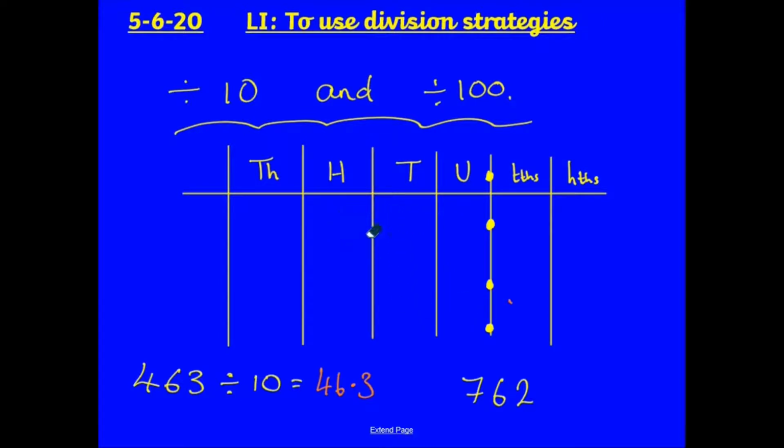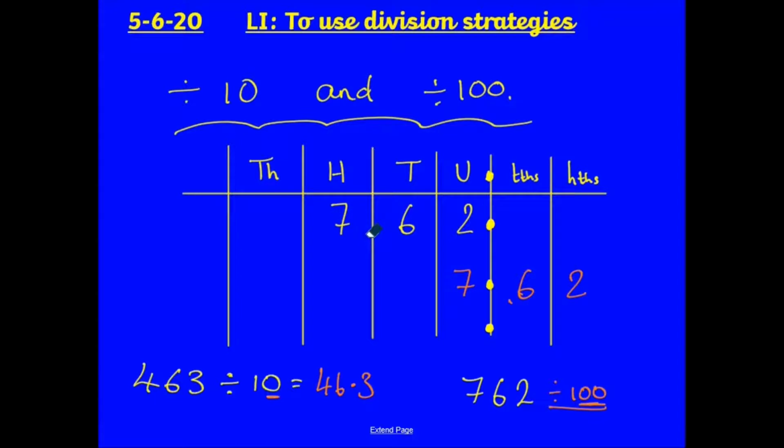So 762, I've got my 7, my 6, and my 2, 7 hundreds, 6 tens and 2 units, and they will all move, if I'm dividing this by 100, okay, they will move 2 places to the right. Notice 10 is 1 place, 100 is 2 places. Look at the zeros that are there. So 2 places, the 7 is going to go 1, 2 to here, the 6, and the 2. So 762 divided by 100 is 7.62.